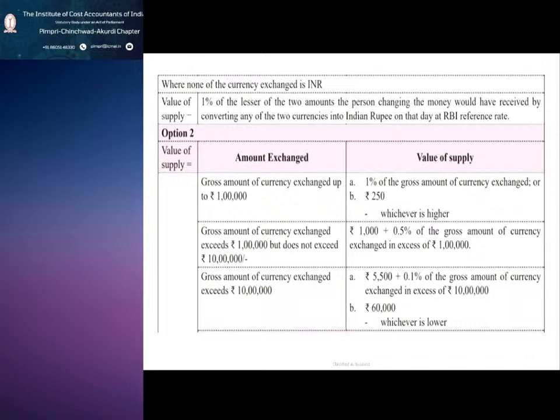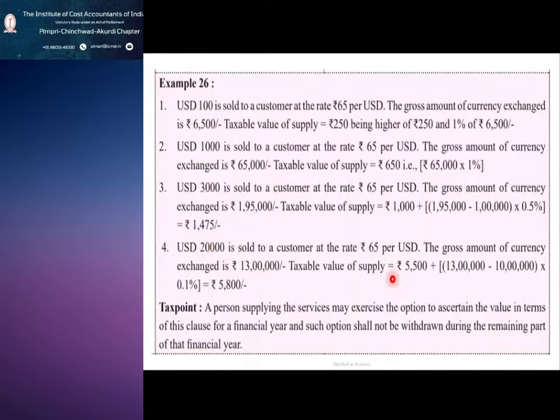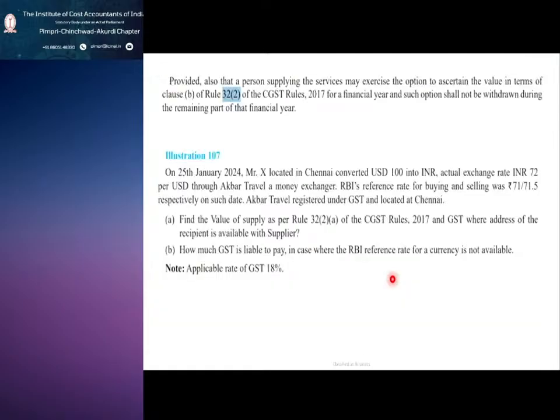And the last scenario, if the gross amount exceeds 10 lakhs, then you have to follow 5500 plus 0.1 percent. You need to remember these slab rates. If you want more clarity on how we are going to calculate this amount exchanged, I have one illustration, you can try.